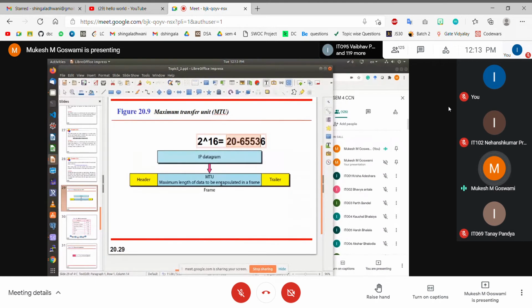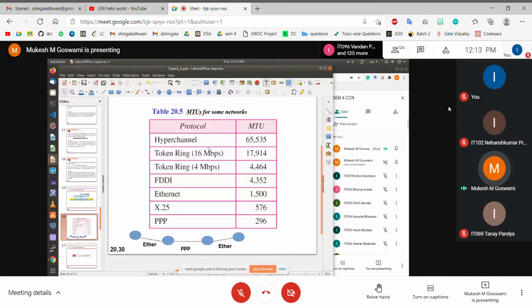So every technology, whether you are using Ethernet or fiber optic or something else, right? So you are using token ring, token bus, FDDI, fiber optic, Ethernet, or you are using a telephone line to connect using PPP or X.25. So all these different data link layer protocols, depending on the hardware, limit the maximum number of bytes that can be transmitted inside a frame.